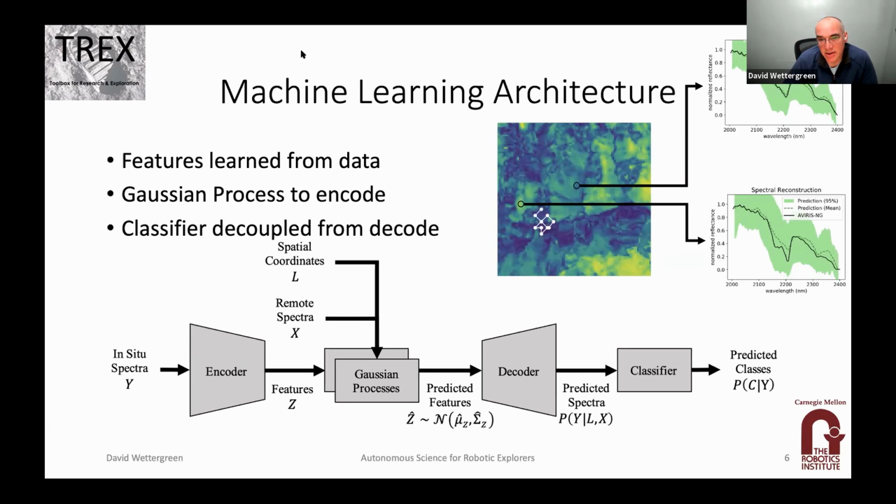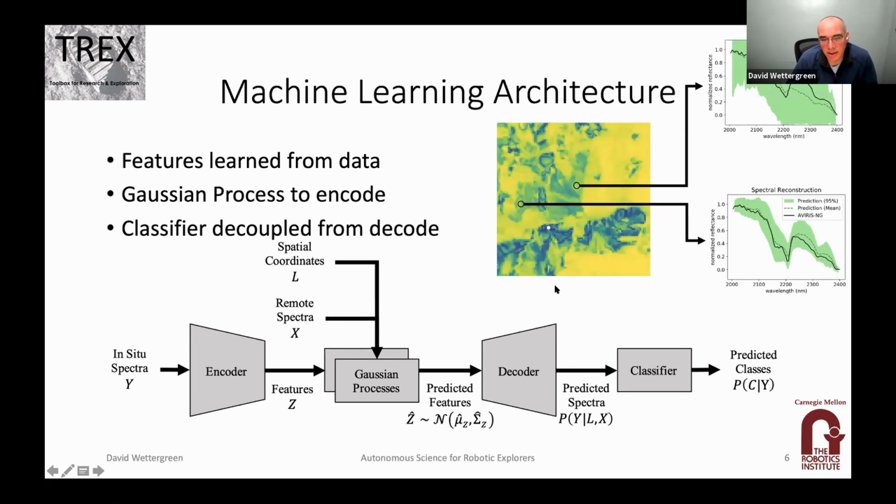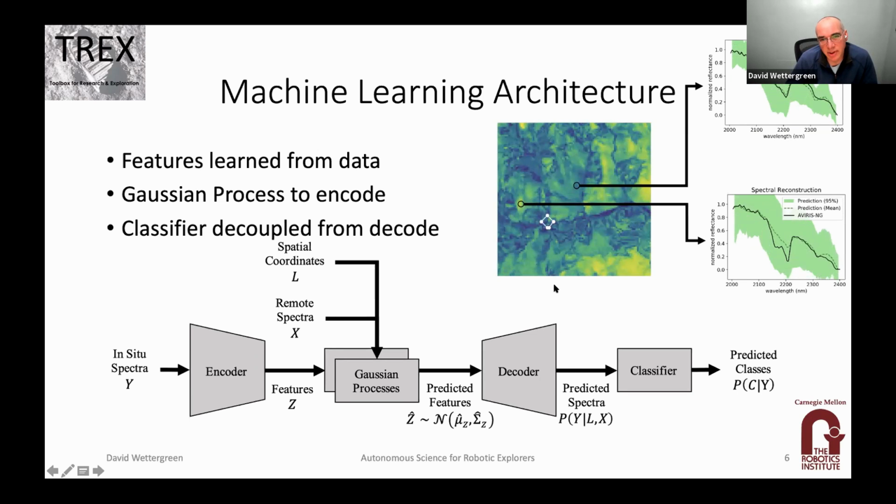We use something called the Gaussian process. Oftentimes, what's inside these deep networks is, like I said, a ball of magic, but we've really tried to apply a principled representation here that we can look at and understand how our encoding network is working.